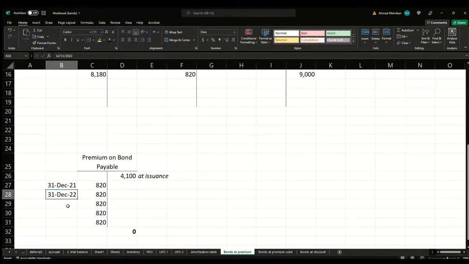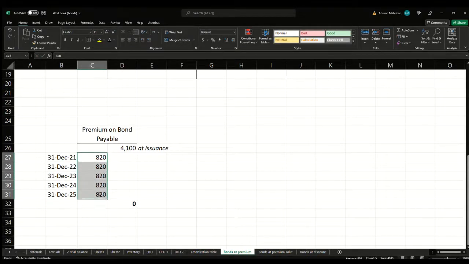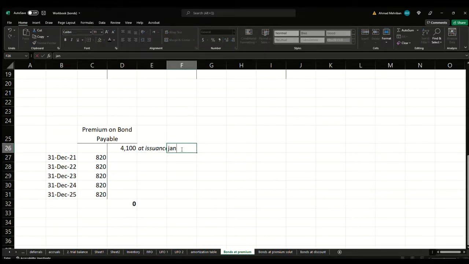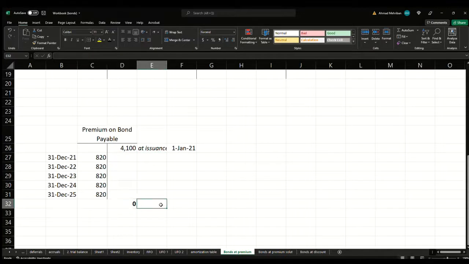These are the dates of the payment and the amortization: December 31, 2024, and finally December 2025. This is at issuance, which is January 1, 2021, and finally the balance at the end on December 31.